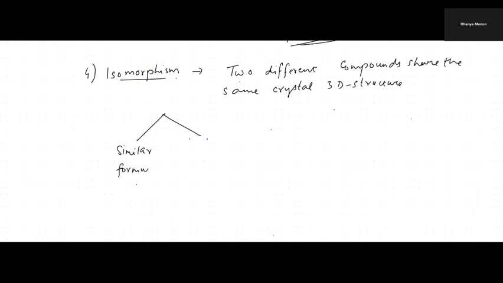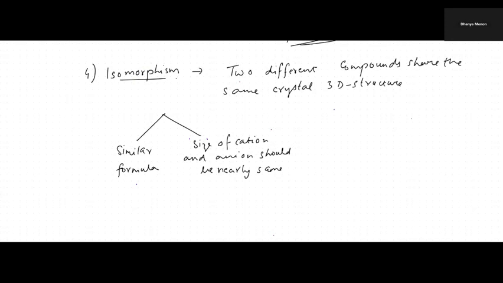And also the size of cation and anion should be nearly same, not same, nearly same. These are the two conditions for any two compounds to show isomorphism.